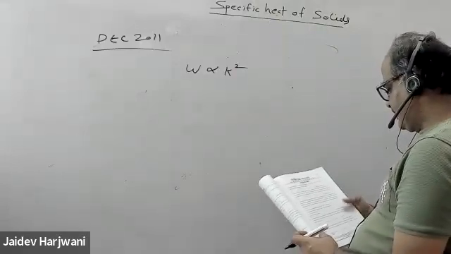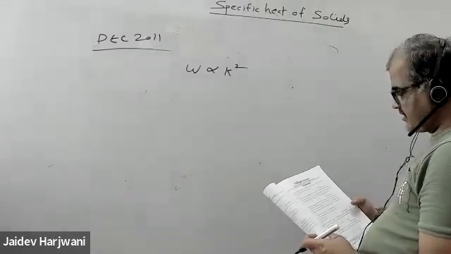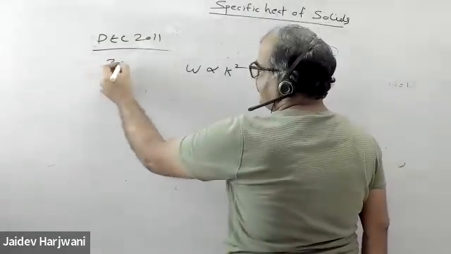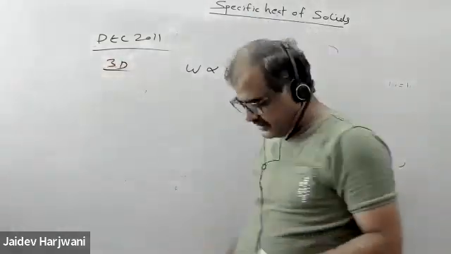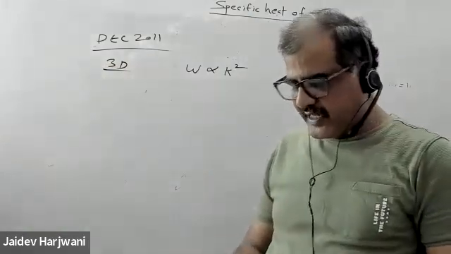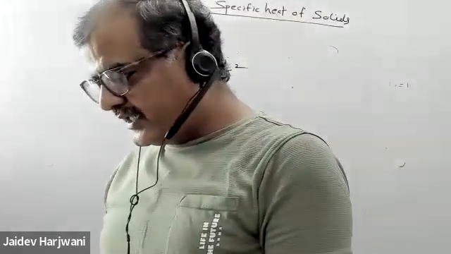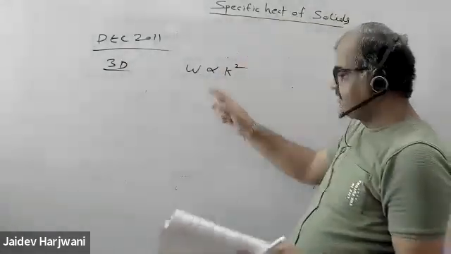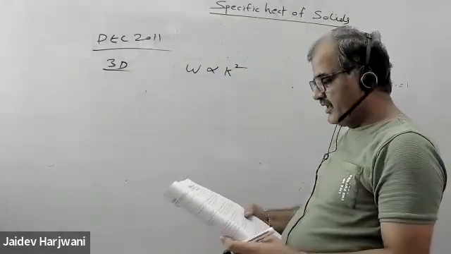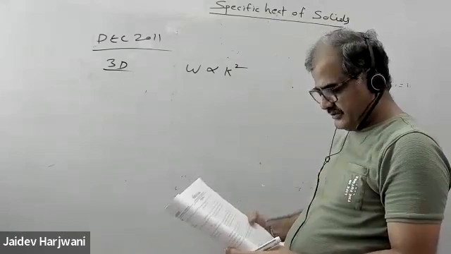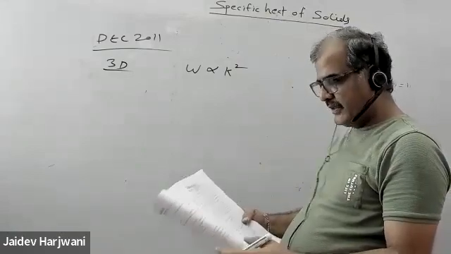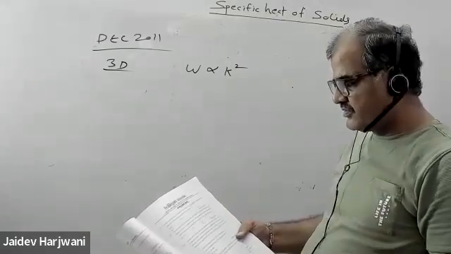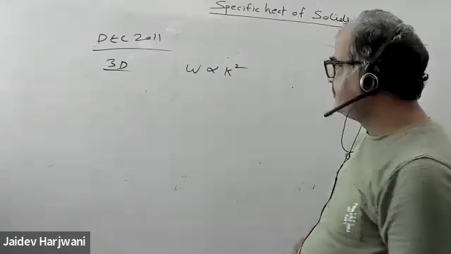Okay. Sir, can you repeat the question once more? The excitation of a three-dimensional solid. So this is 3D solid. A 3D solid is given. The excitations of a three-dimensional solid are bosonic in nature, with their frequency omega and wave number k related by this relation. If the chemical potential is zero, the behavior of the specific heat of the system at low temperature is proportional to.